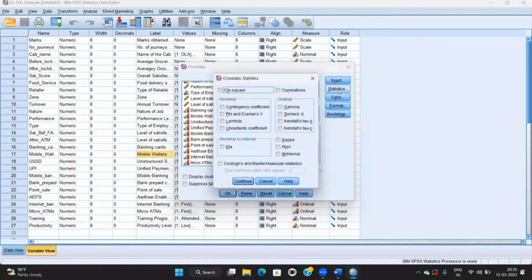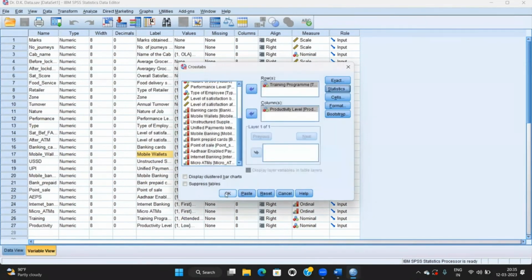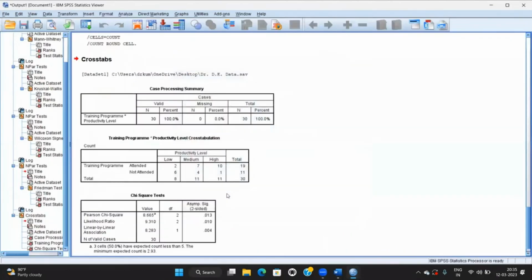If you click on this button, you can find the number of statistics tools. First one, chi-square. It is not selected by default, so you can select it manually. Then continue. Then OK.